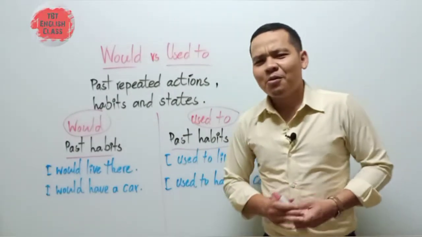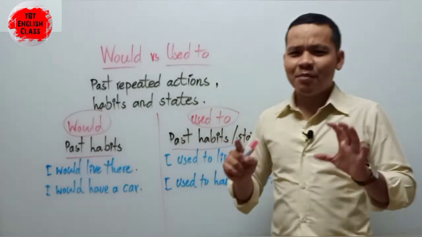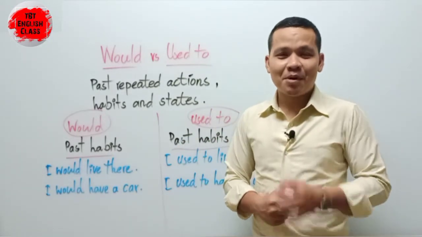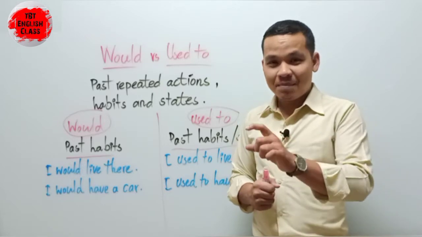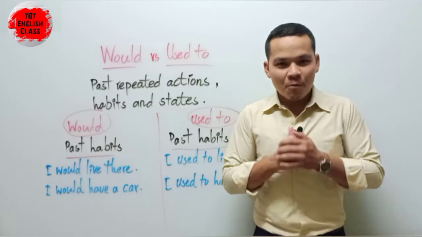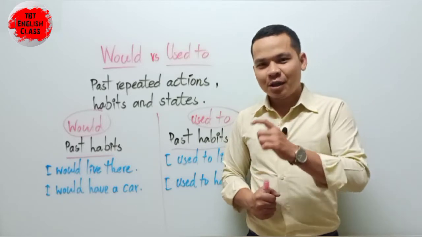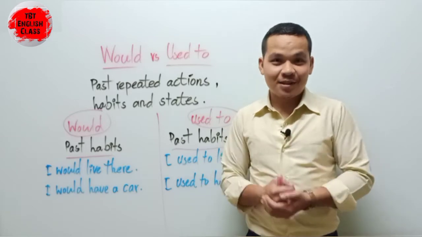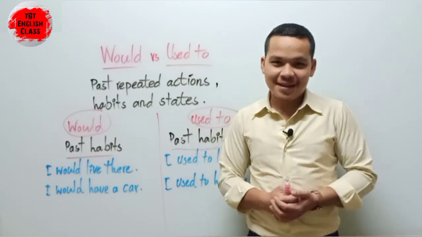Okay, so everyone, don't feel a little bit bored about this. Remember, with would, we talk about past habits or repeated actions in the past tense, but we focus on only actions or only habits. We don't talk about states.